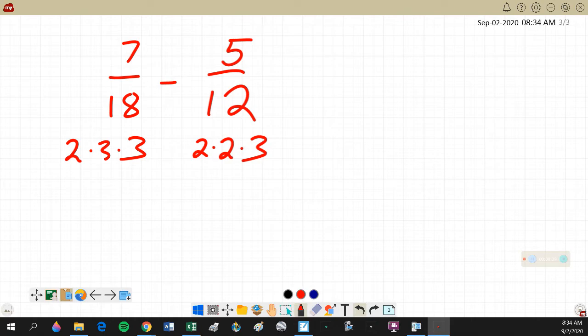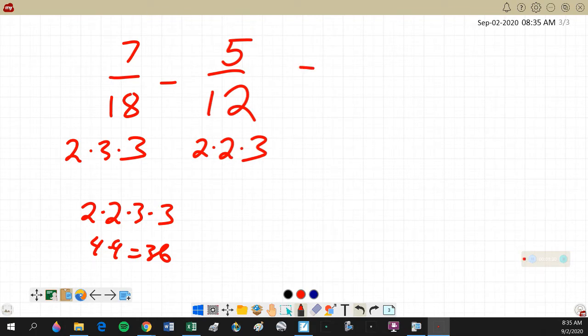Okay? So my common denominator has to have the largest number of 2's and the largest number of 3's. So my common denominator is 2 times 2 times 3 times 3, which is 4 times 9, which is 36. Do you guys understand that? Okay. So this is going to be 36, and this is going to be 36.